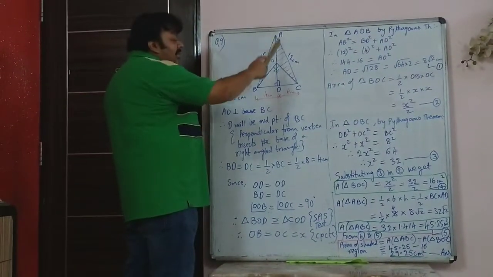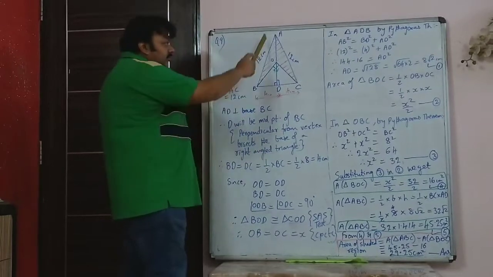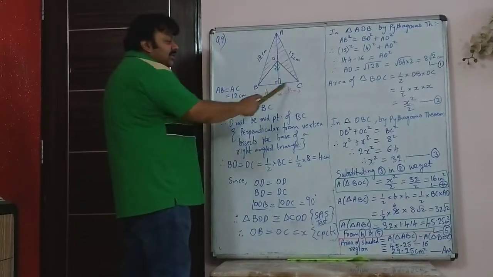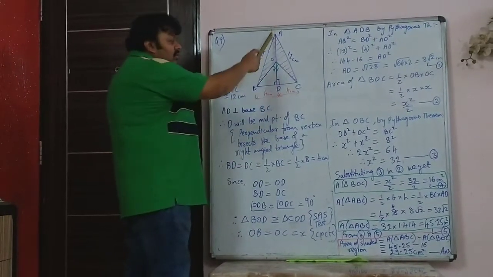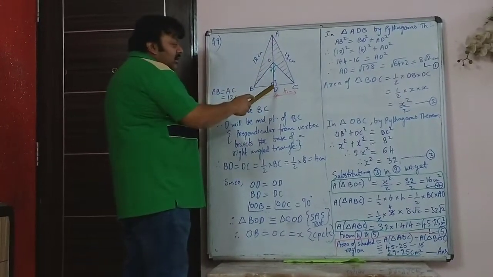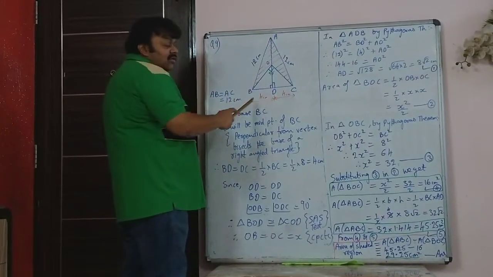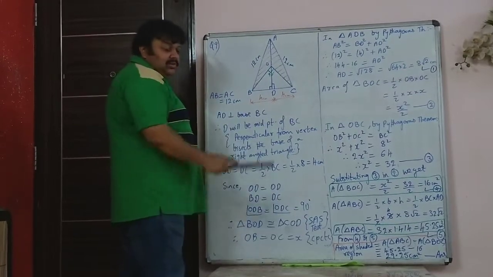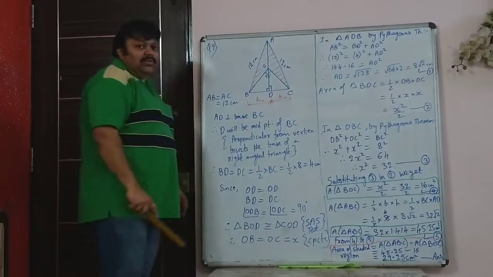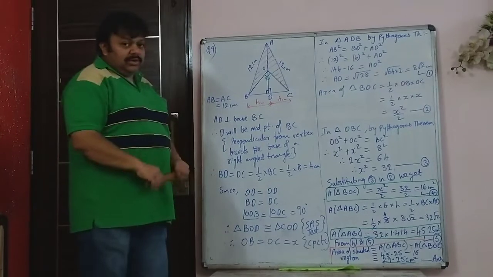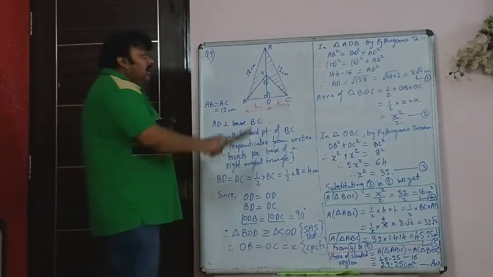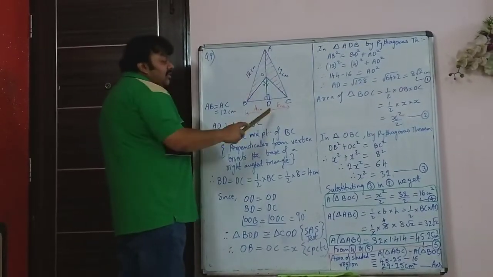You know that AB and AC are equal, both are 12 centimeter, base is 8. So the perpendicular AD from the vertex of an isosceles triangle will bisect the base. So BD and DC will both be 4 centimeter. You already learned that.